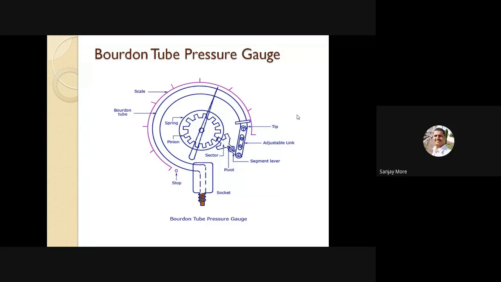MCQs are only for online exams. If the exam is conducted offline, your notebook theoretical part is also important. So I request all of you to draw this diagram under the heading Bourdon tube pressure gauge.